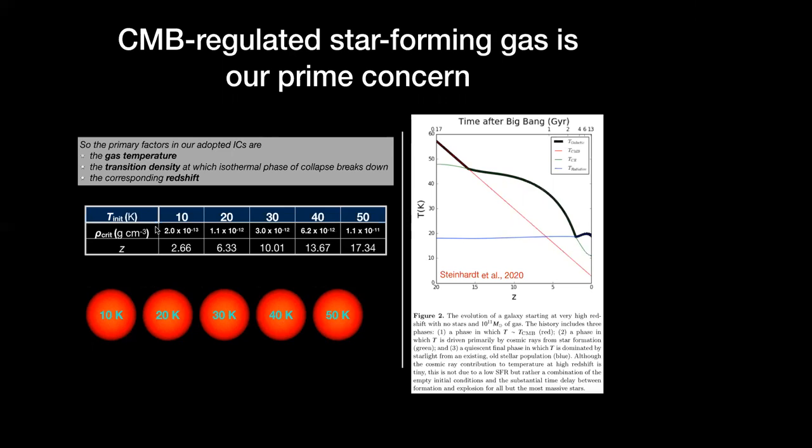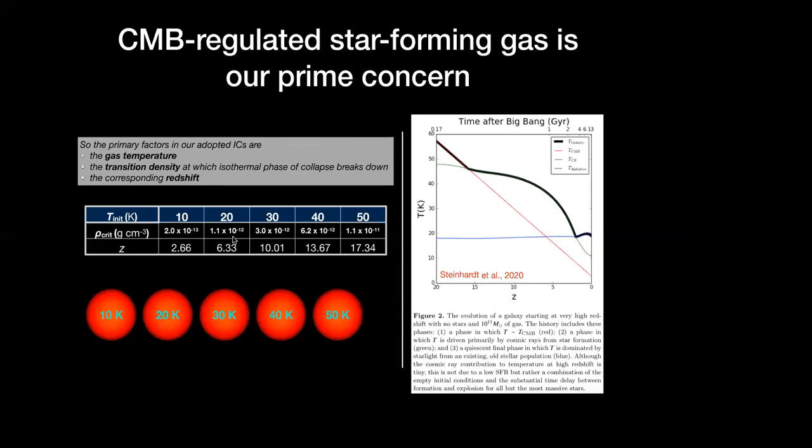If you see this table, you find the critical density at which the transition from isothermal to adiabatic occurs, with these values for each sphere. And each sphere represents a specific redshift value as well. So we cover the range from 2.6 to around 17 in redshift.